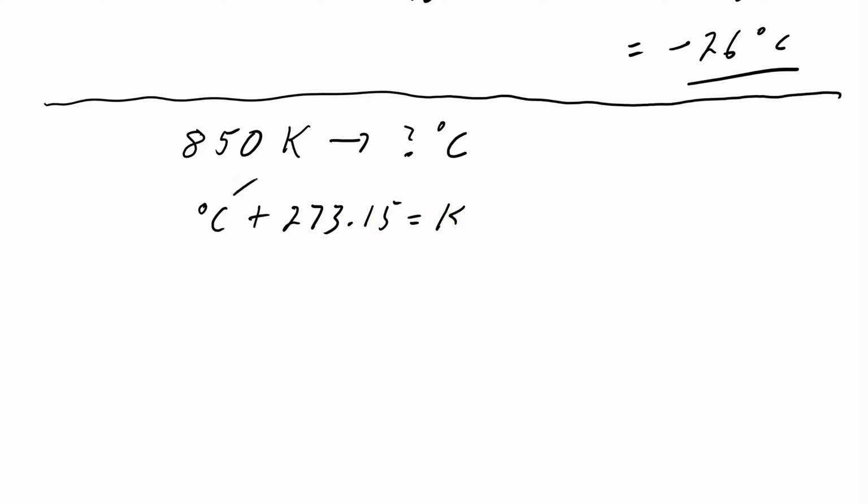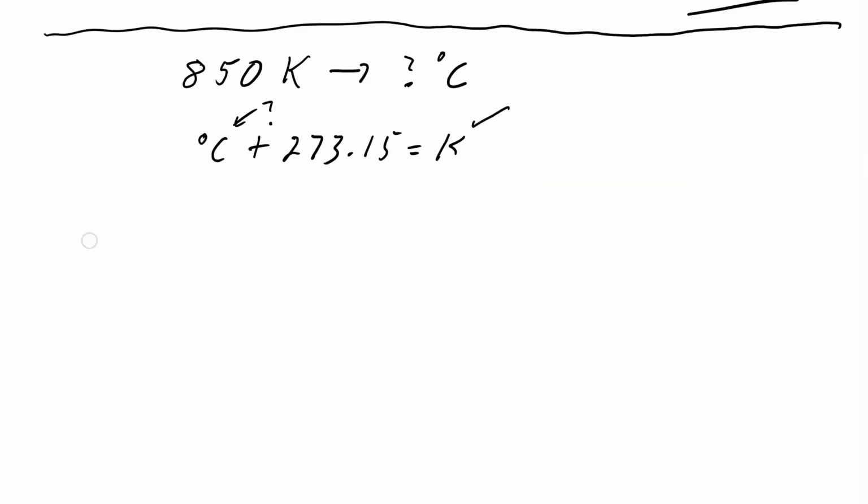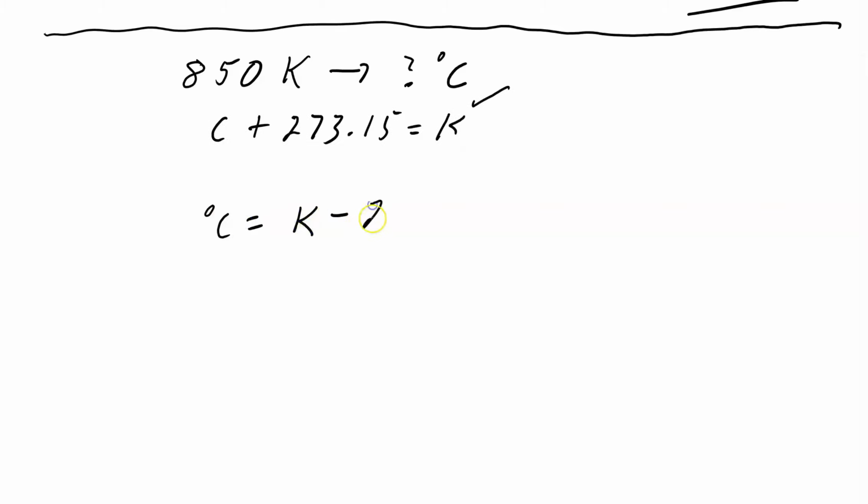Now in this case, our problem is asking us to calculate degrees Celsius given kelvins, so we got to do a little bit of algebra here, which isn't too hard. So degrees Celsius is going to be equal to kelvins minus 273.15, just subtracting 273.15 from both sides of the equation.